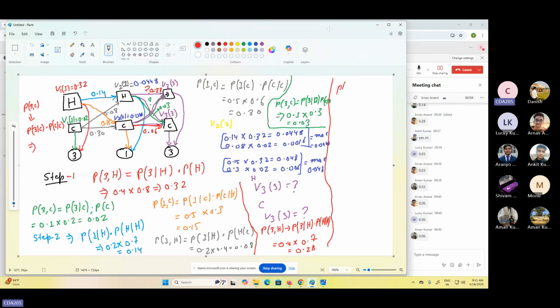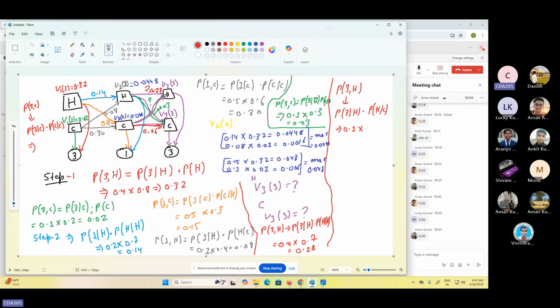So it will be P 3 comma H. So it will be P 3 H into H C. So its value will be 0.4 into 0.4. So it will be 0.16.